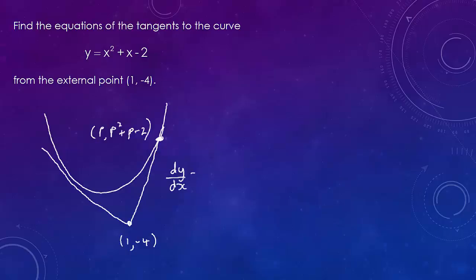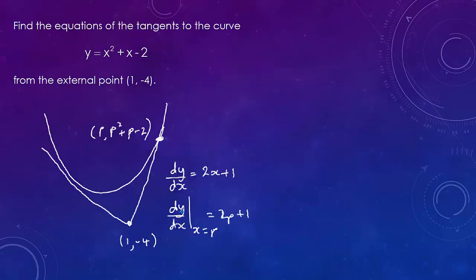So dy/dx is equal to 2x plus 1. dy/dx, where x is equal to p, would be 2p plus 1. So what we're saying is that the gradient here would be 2p plus 1.